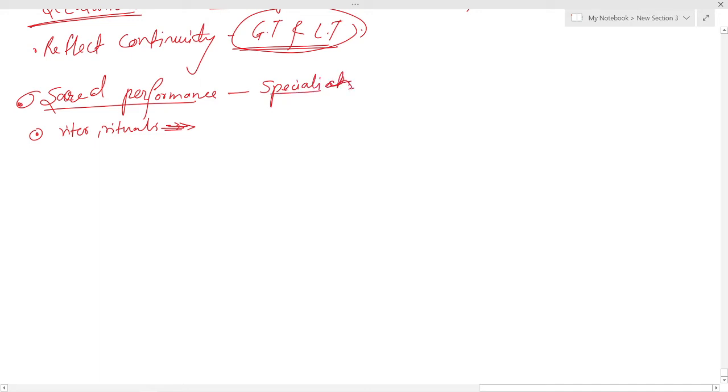For example, pindan, puja, homa, havan, Gaya shraddha, etc. These come under the rituals, that is, performances.